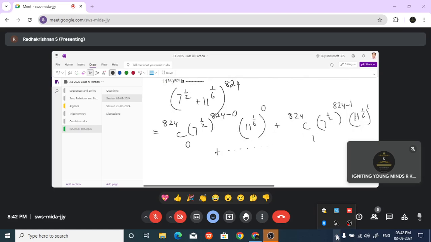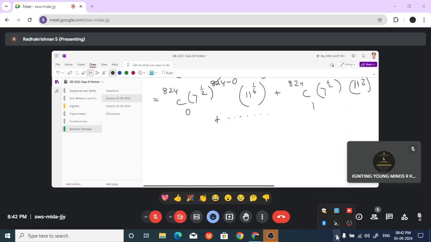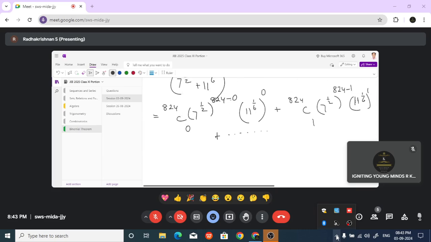Okay. So let us write, it involves two terms, right? One term is 7 power half exponents, other term is 11 power 1 by 6 exponents. The coefficients 824 C0, 824 C1 and so on, all of them are going to be integers only.